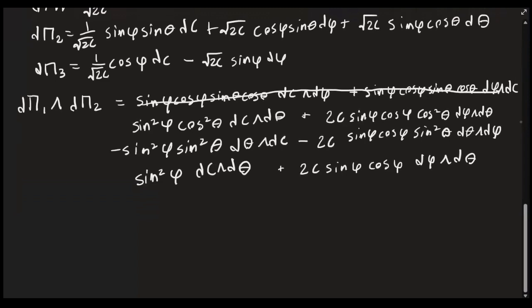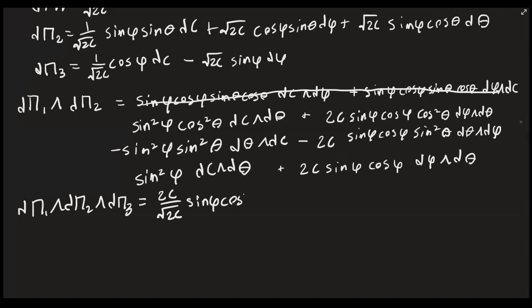Now, last step is just to multiply or wedge dp3 onto this. So we'll get, let's see, dp1 wedge dp2 wedge dp3 equals 2c over root 2c sine phi cos squared phi d phi wedge d theta wedge dc.